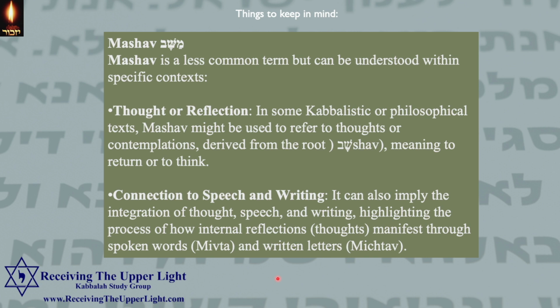Connection to speech and writing: it can also imply the integration of thought, speech, and writing, highlighting the process of how internal reflections, thoughts, manifest through spoken words, miftah, and written letters, michtav, okay?